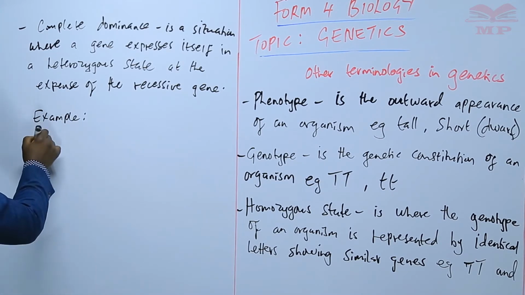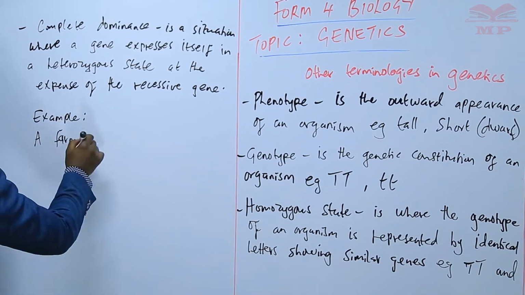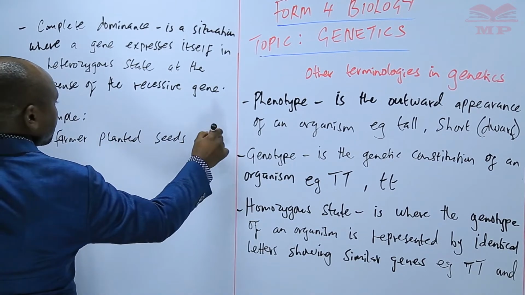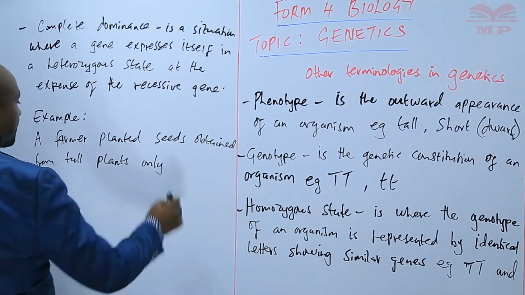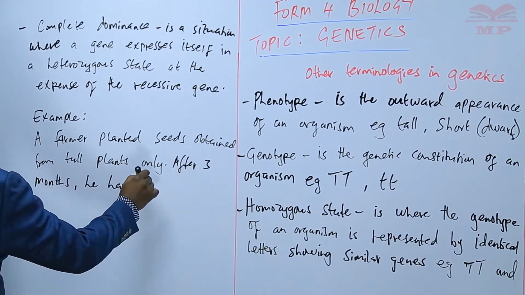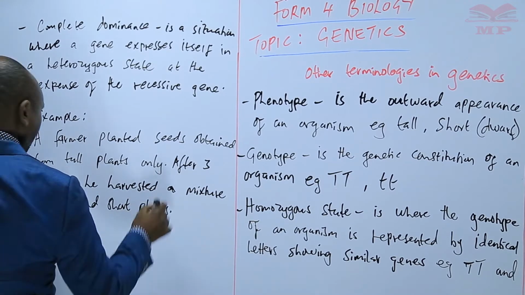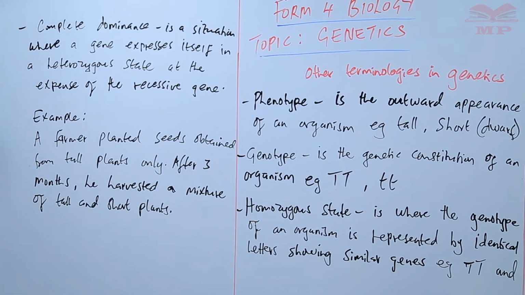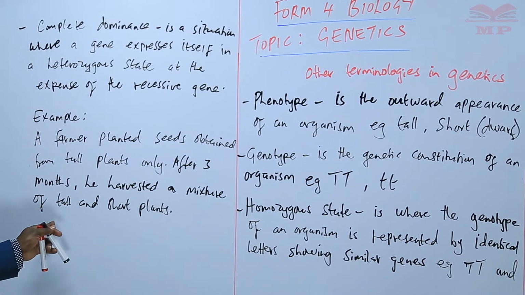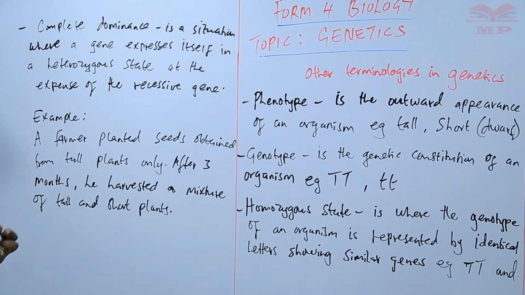We're told that a farmer planted seeds obtained from tall plants only, but after 3 months he harvested a mixture of tall and short plants.